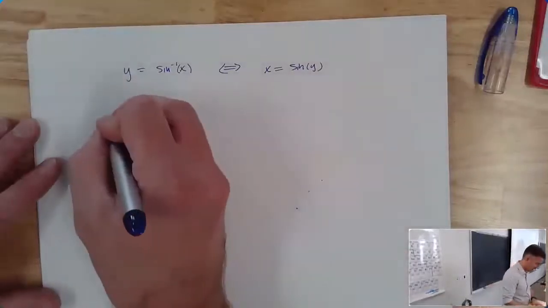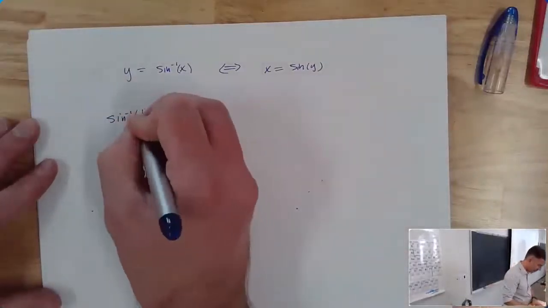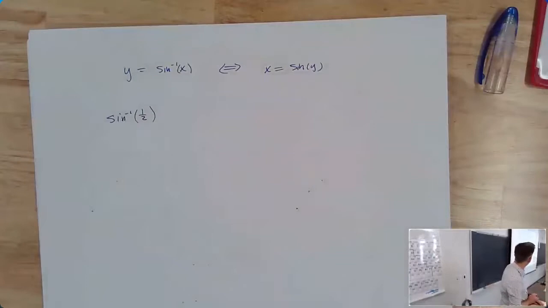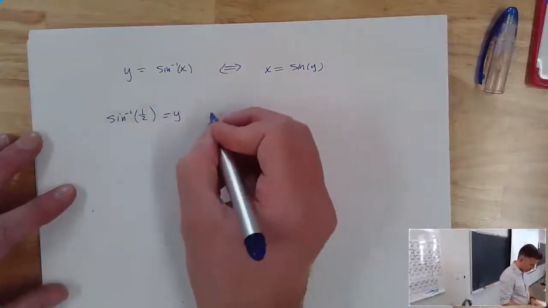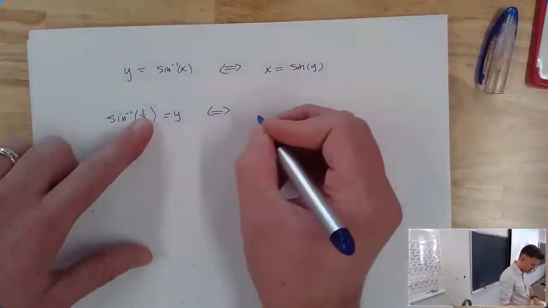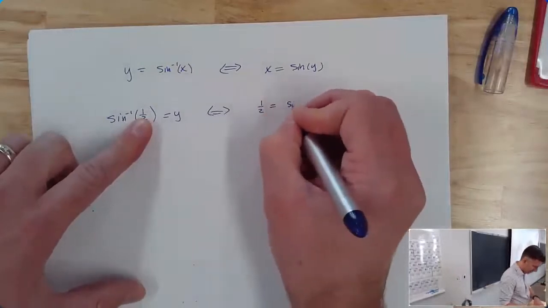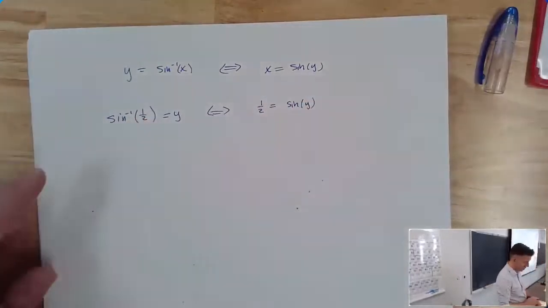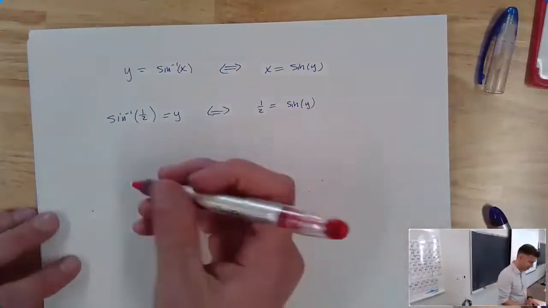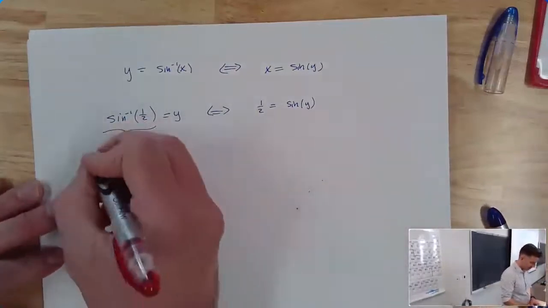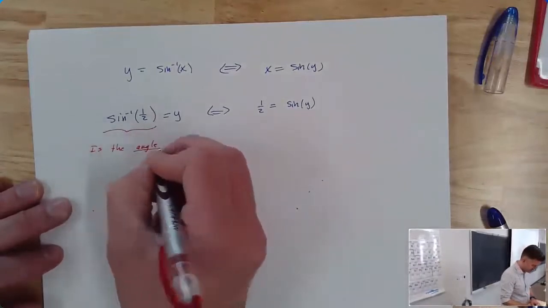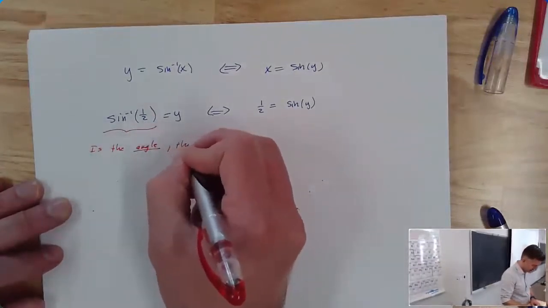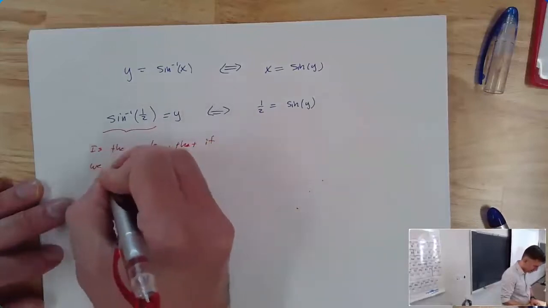If someone said, hey, what's the inverse sine of 1/2? I'm thinking about the inverse sine of 1/2 being equal to some y, which is equivalent to 1/2 equaling the sine of that y. Or as I like to read this, which I strongly encourage, the inverse sine of 1/2 is the angle that if we took sine of it, we would get 1/2.